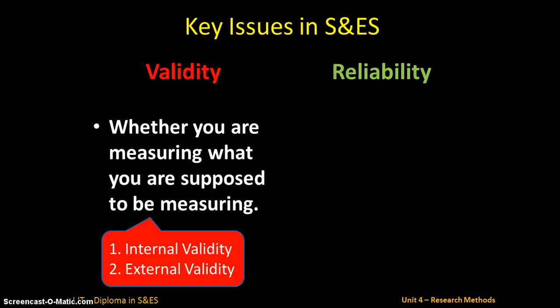Internal validity considers, have you controlled all the variables during your experiment so that you can be sure what you're measuring is what you should be measuring? For example, if you were doing an experiment to consider the effect of mental rehearsal on free throw shooting in basketball, and some of your performers, some of your subjects, when they were taking their shots, some of them had an audience present, so people watching, and some didn't.